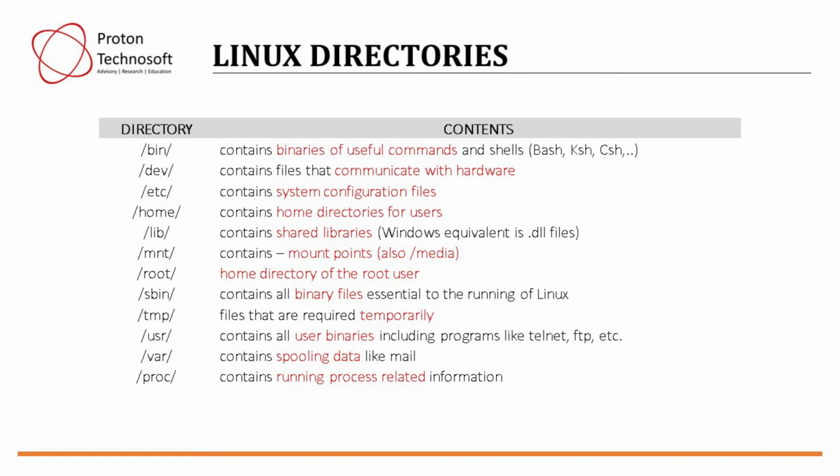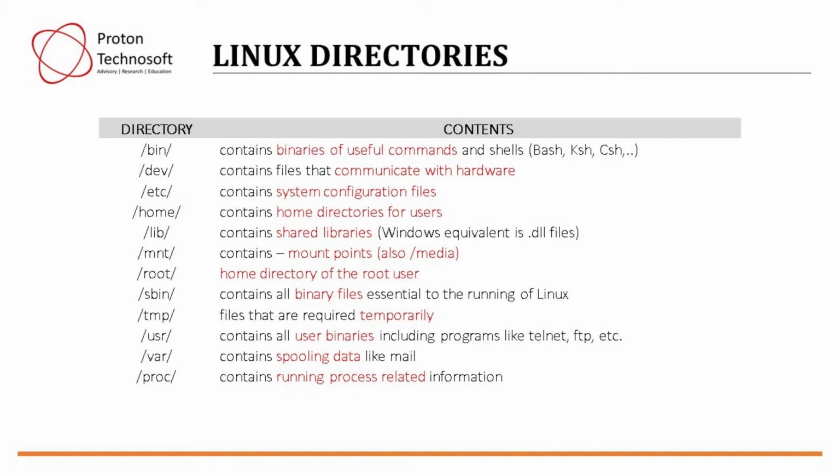The etc directory contains the configuration files of the Unix environment. So any configuration that we have to do for the running services, or for a password configuration or a user configuration, those configurations happen within the etc directory. Then we have the home directory.